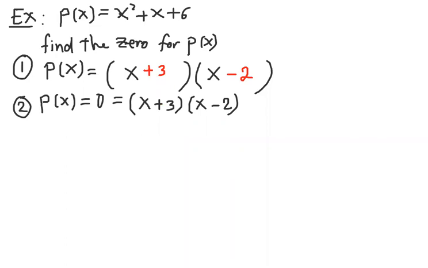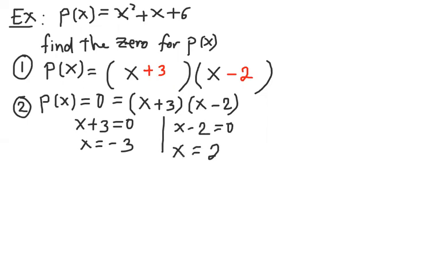So how do we solve this polynomial function to find the zeros? By making x plus 3 equal 0. That means x equals minus 3, and x minus 2 equals 0, so x equals 2. Yes, that's true.